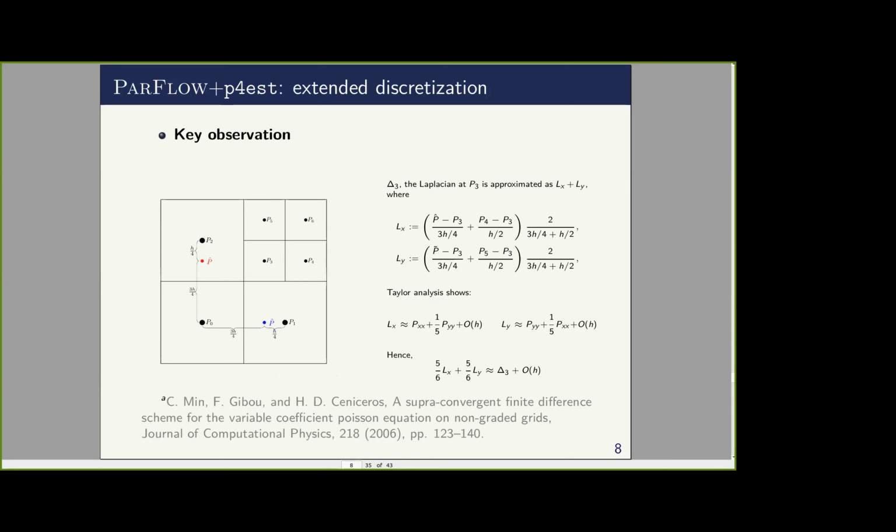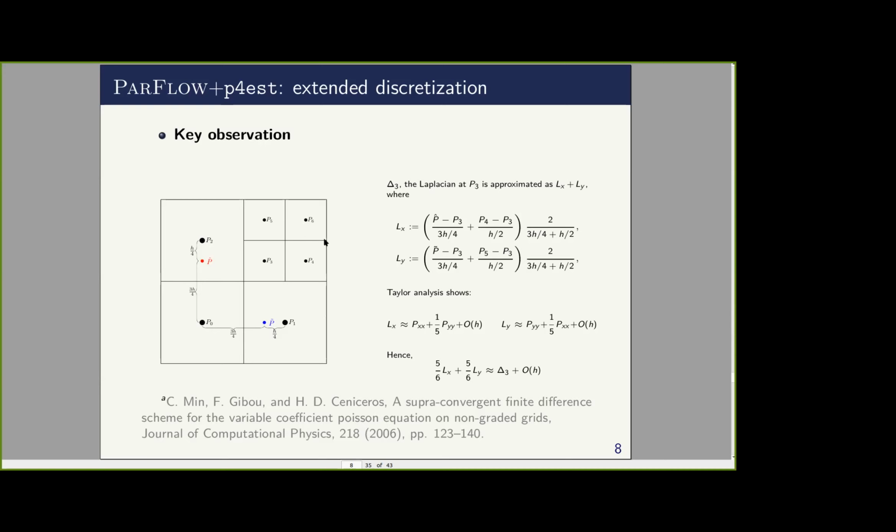So saying that, we are ready to talk about the actual discretization. The key observation that we are following is a result from these people, whose citation I put here.